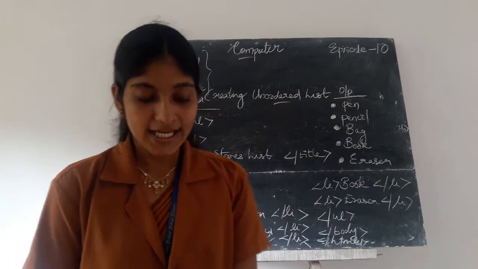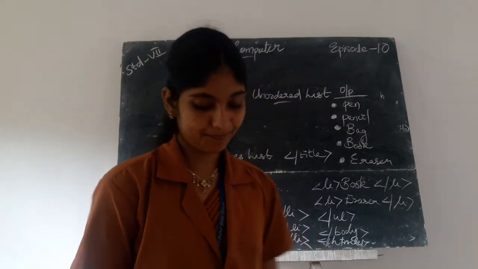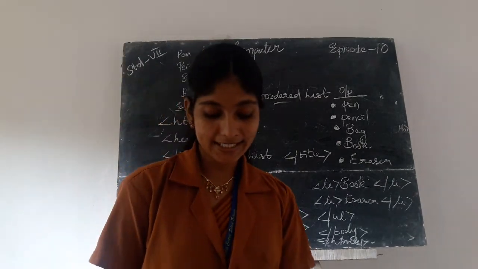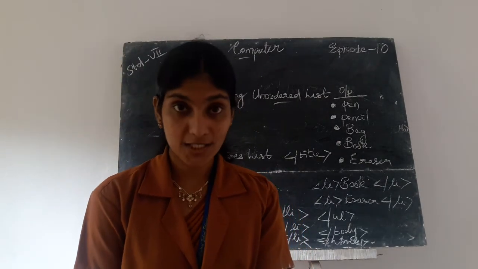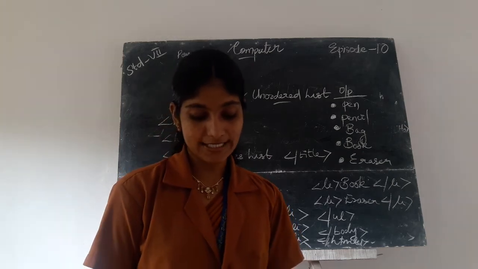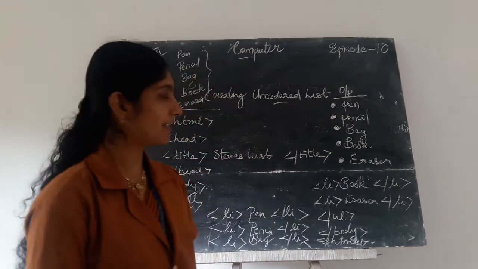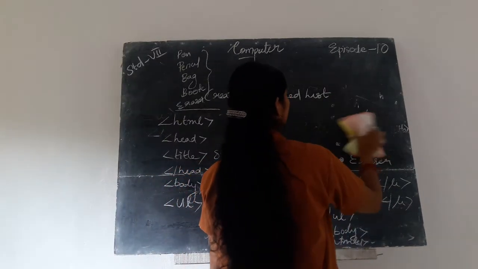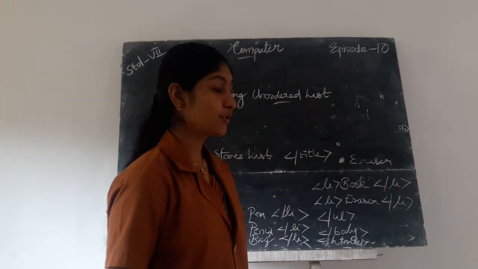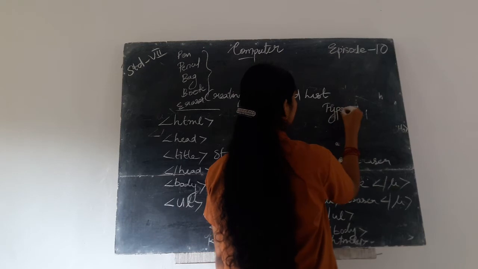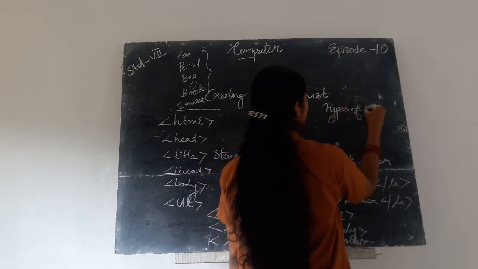Then types of bullets. Types of bullet means there are mainly 3 types of bullets. First one disc, second one circle, and third one is square. So that means 3 types of bullets.